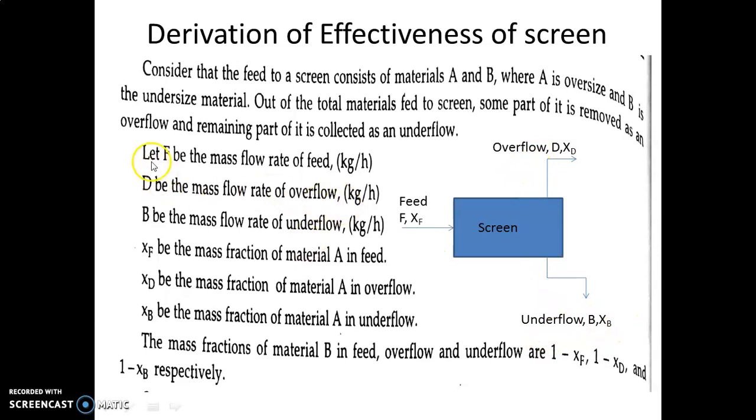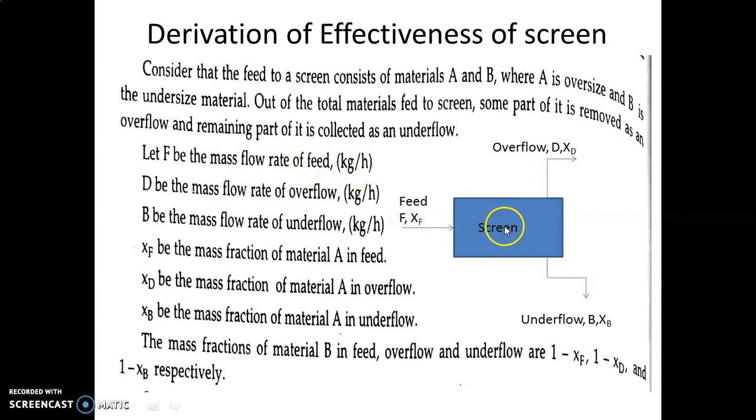Suppose F is the mass flow rate of feed in kg per hour. Mass flow rate means how many kgs of total feed is fed to the screen. Suppose if we feed 2 kg of material per hour to the screen, that is called the mass flow rate of the feed.